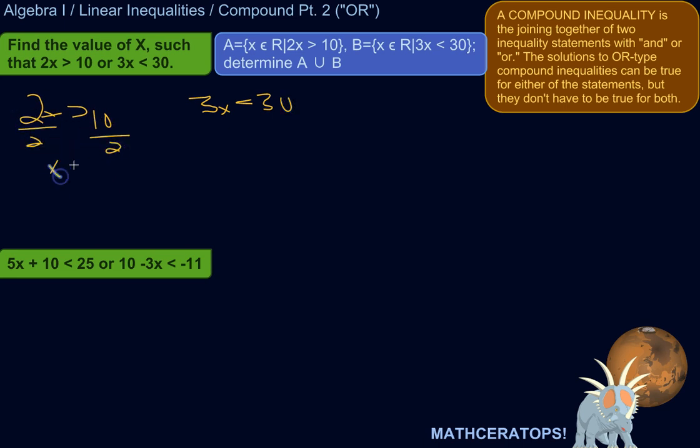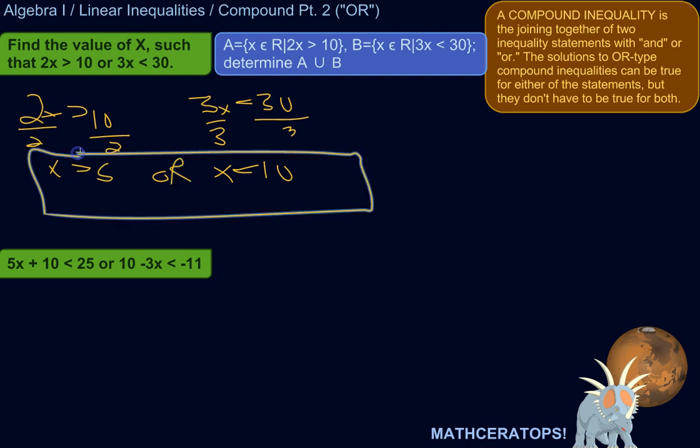So we've got x is greater than 5, or let's divide by 3 on this one, just a little one-step inequality: x is less than 10. So this would be your answer: x is greater than 5, or x is less than 10.